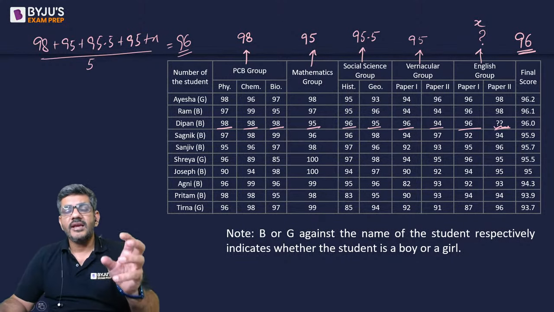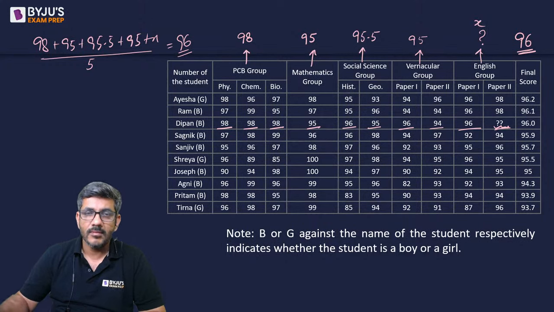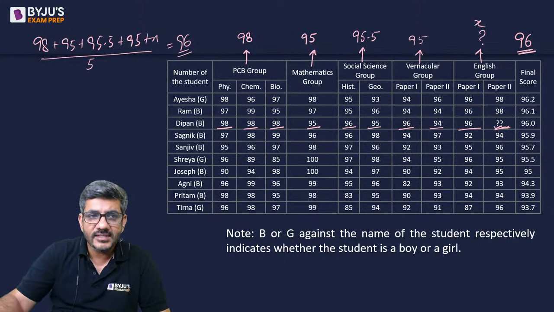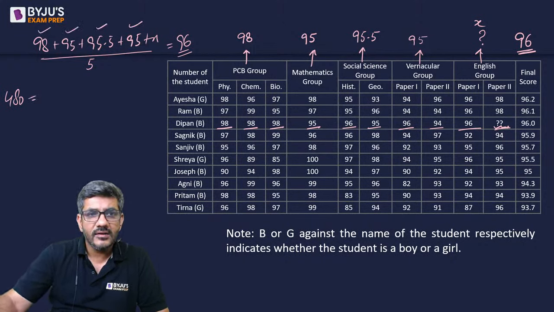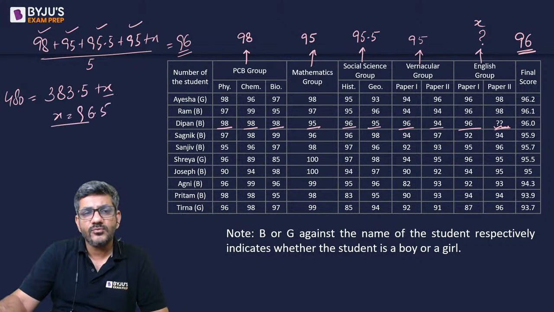From there I can easily calculate the value of X. 5 into 96 is equal to 480. When we add up the rest, 98 plus 95 is 193, plus 95.5 is 288.5, plus 95 is 383.5, plus X. So from here I'll get the value of X as 96.5.